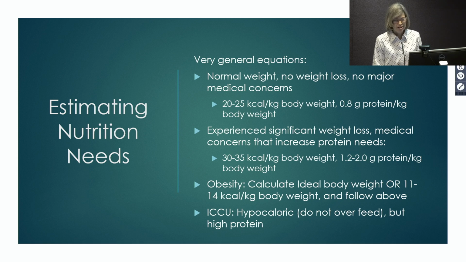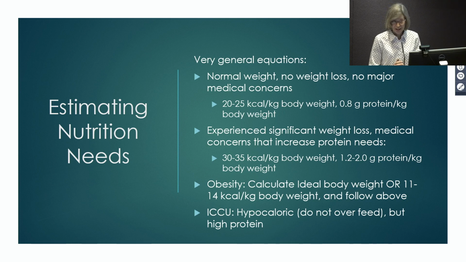Then we throw in that monkey wrench of obesity. And for all 30 years that I've been a dietitian, there's been a lot of controversy about how do you estimate needs in an obese patient. The most recent bodies, the Journal of Parenteral and Enteral Nutrition and ASPEN and the Academy of Nutrition and Dietetics, are currently saying to go ahead and use their ideal body weight instead of their actual weight, and then use the criteria that we just talked about, or use their actual body weight and use 11 to 14 cals per kilogram of body weight.